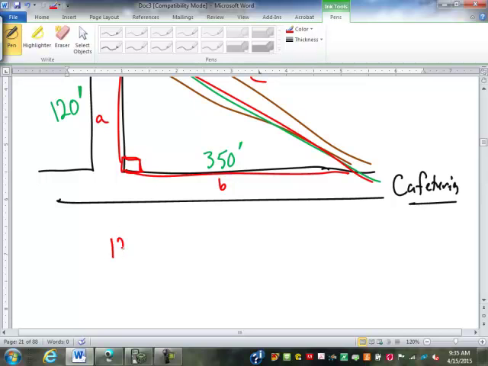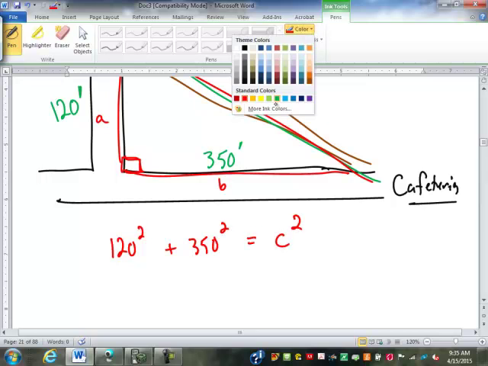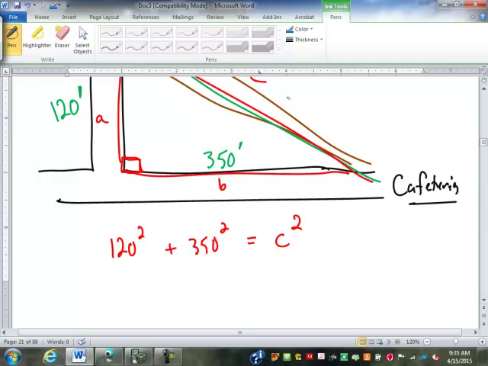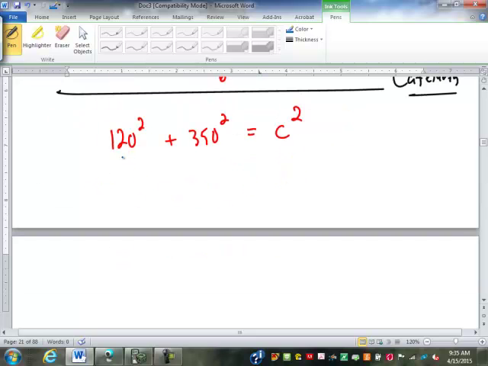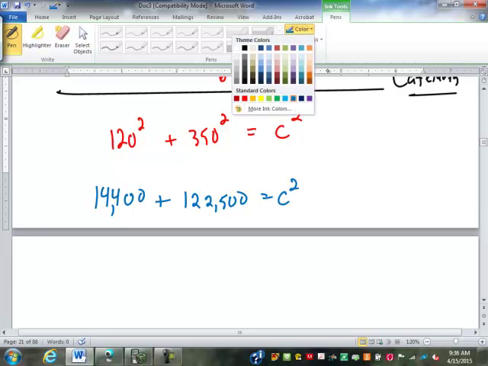So A squared is going to be 120 squared, plus B squared will be 350 squared, equals C squared. 120 squared is 14,400. 350 squared is 122,500, equals C squared.